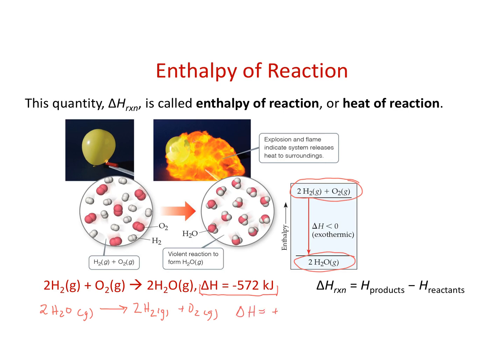That reaction would have to absorb 572 kilojoules of energy. So when we have these thermochemical equations, the equations that relate the enthalpy of a reaction, the heat of the reaction, to that reaction, they tell us not only the energy for the reaction as written, but they tell us for the reverse reaction as well. Because instead of releasing energy, as we do in the first reaction, to send the reaction in the opposite direction, we'd have to absorb energy.